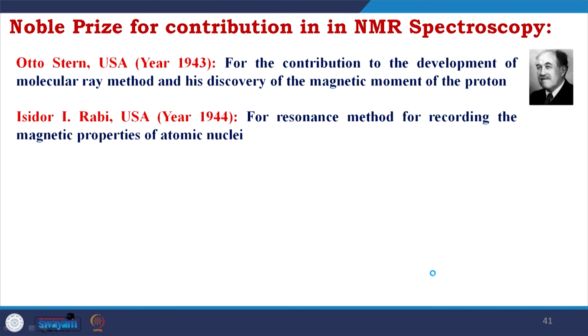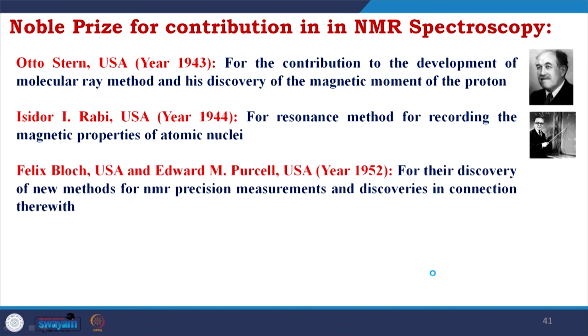Isidore Rabi, I already talked about Rabi because he got the first signal. He is from the US. He got the Nobel Prize in the year 1944 for the resonance method for recording the magnetic properties of atomic nuclei. This is Isidore Rabi.